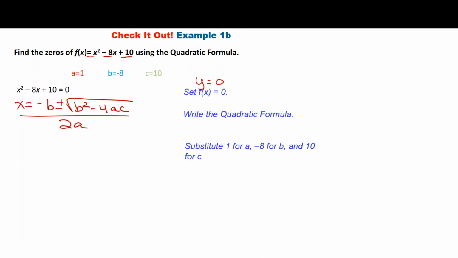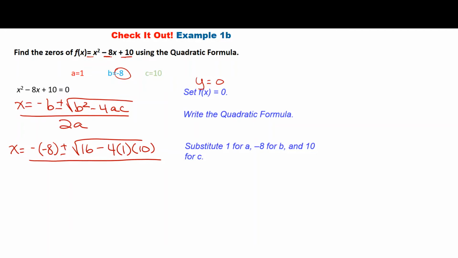Now we're going to substitute for our a, b, and c. So again, x equals -b, which is -8, plus or minus the square root of b squared. So b squared, -8 squared, is 16, minus 4 times a, which is 1, times c, which is 10, all over 2a, times 1.